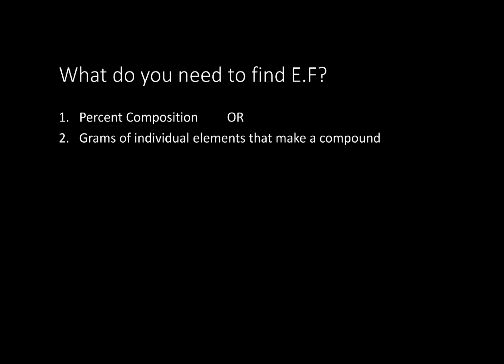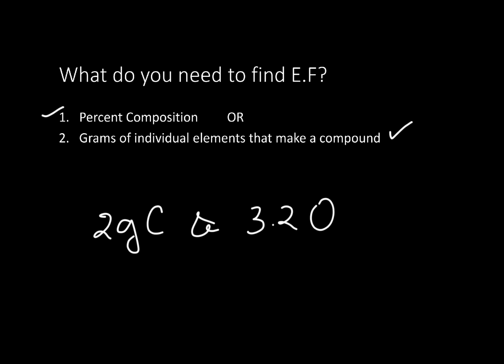Now, what do you need to find empirical formula? You can find empirical formula using either of these two. A, you can find it if you know the percent composition of the compound, or if they tell you the individual grams. So if they tell you that you have 2 grams of carbon and 3.2 grams of oxygen, stuff like that.